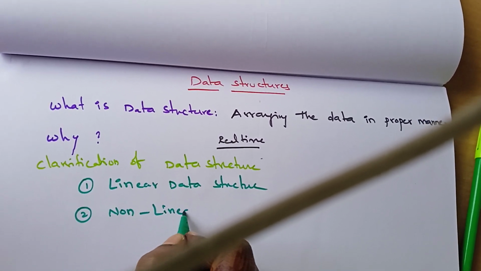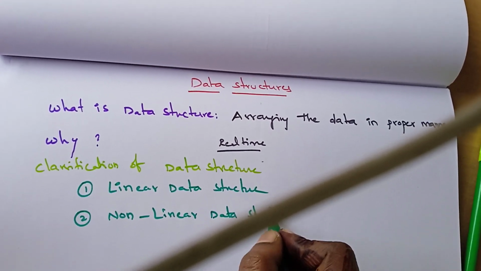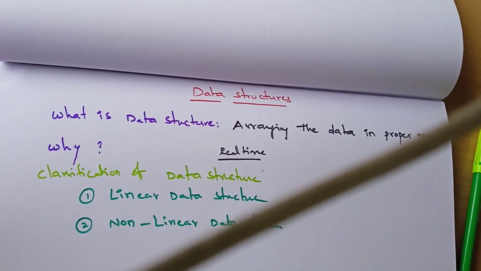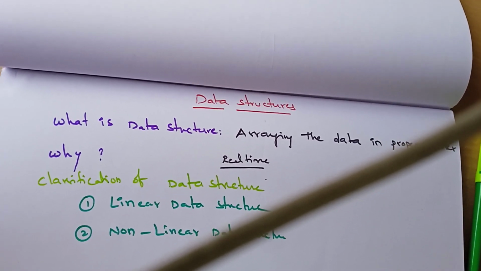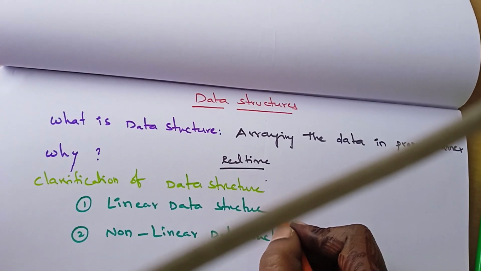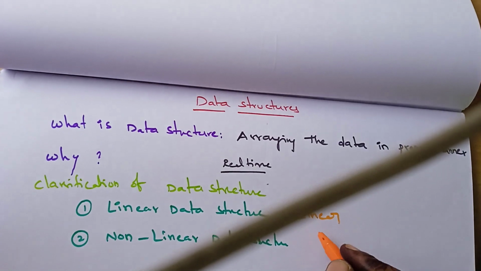Linear data structure, the name itself tells that the data will be organized in a linear fashion.